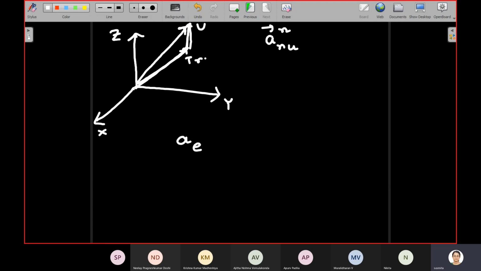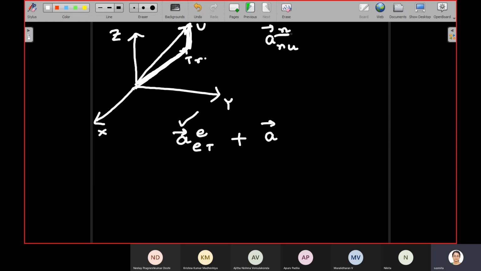The transmitter position in the ECF coordinates, we know the x, y, z coordinates. We can calculate them from latitude and longitude. We already discussed in the class how to do it. So this is known for the transmitter, and we just need to do vector addition of this one and this one, right?